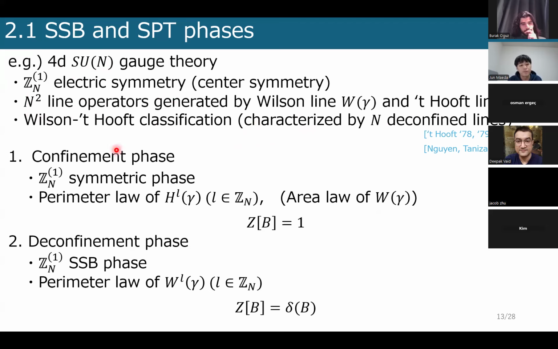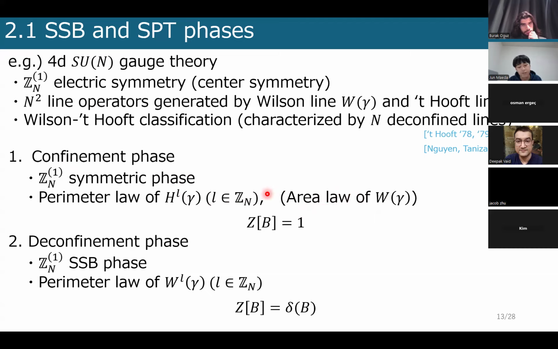So for example, the confinement phase is the one-form symmetric phase, and this phase is characterized by the perimeter law of the 't Hooft loop. We usually consider the area law of the Wilson loop to detect the confinement phase, but precisely speaking, we cannot determine gapped phases by only the area law of the Wilson loop.